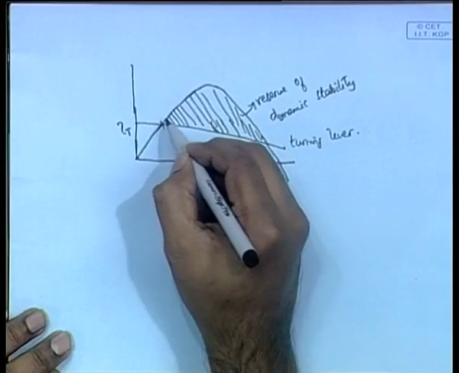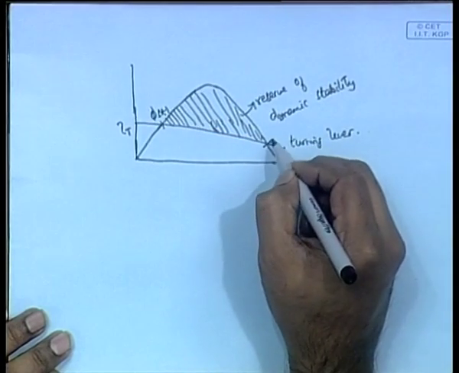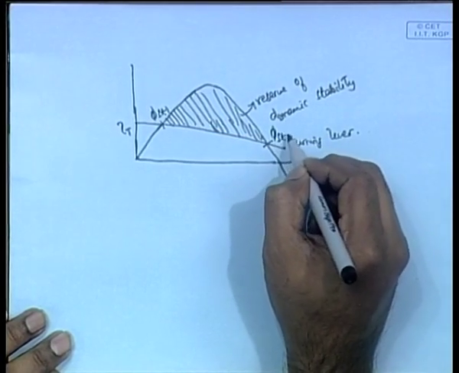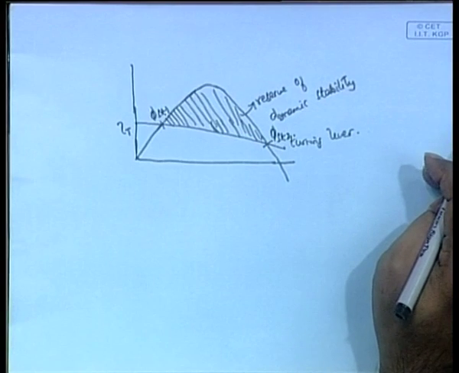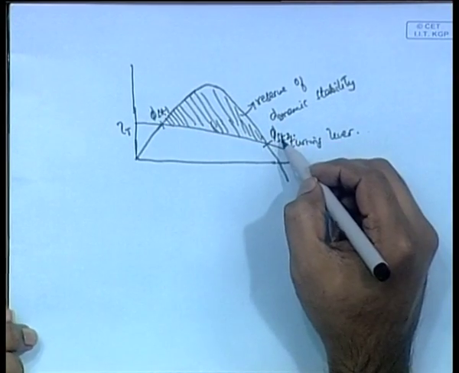So, GZ is the righting arm curve and L is the heeling arm curve. The point where these two curves meet is what we call phi st, the angle of static equilibrium. This is one point, we will call it phi st1. This is the second point, which is phi st2. So, you have two angles of static equilibrium, phi st1 and phi st2.